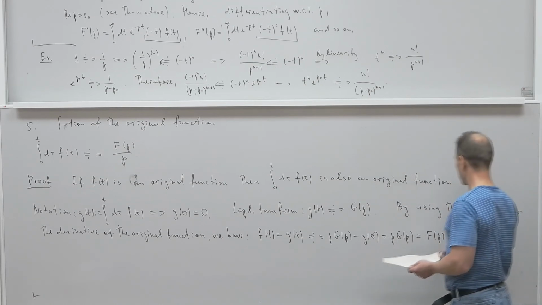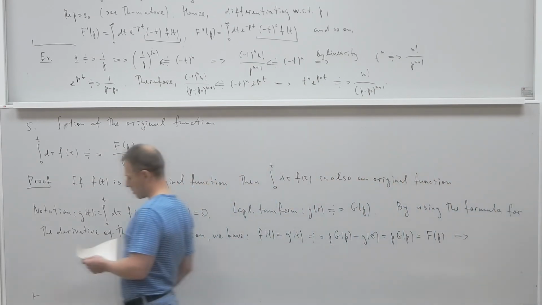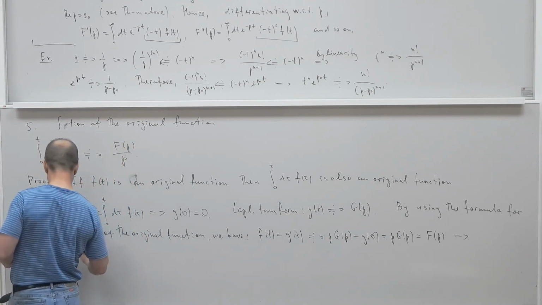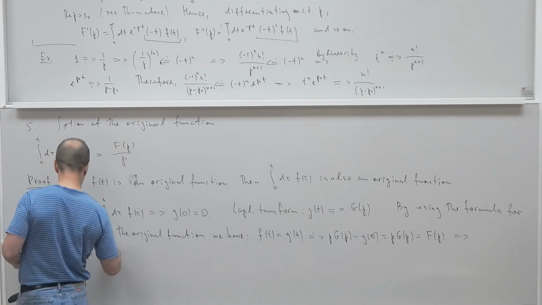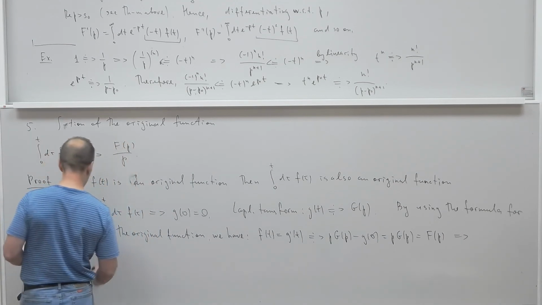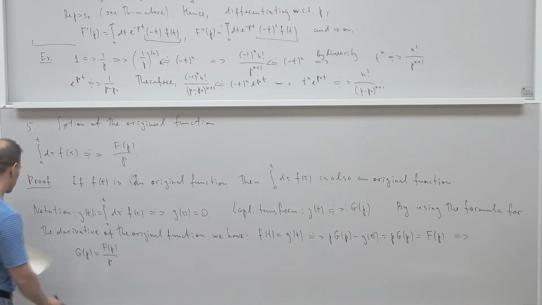Therefore, g large of p is equal to f large of p divided by p. The proof is finished.